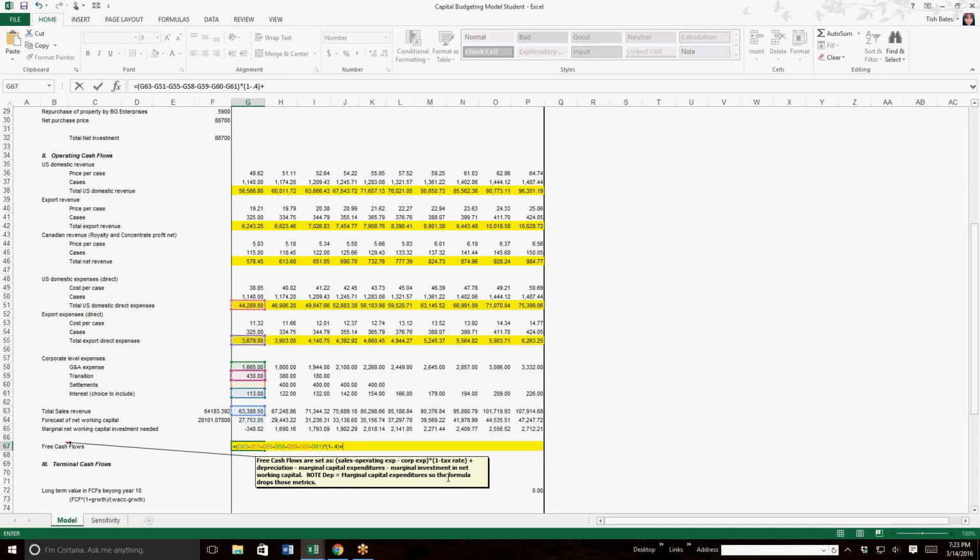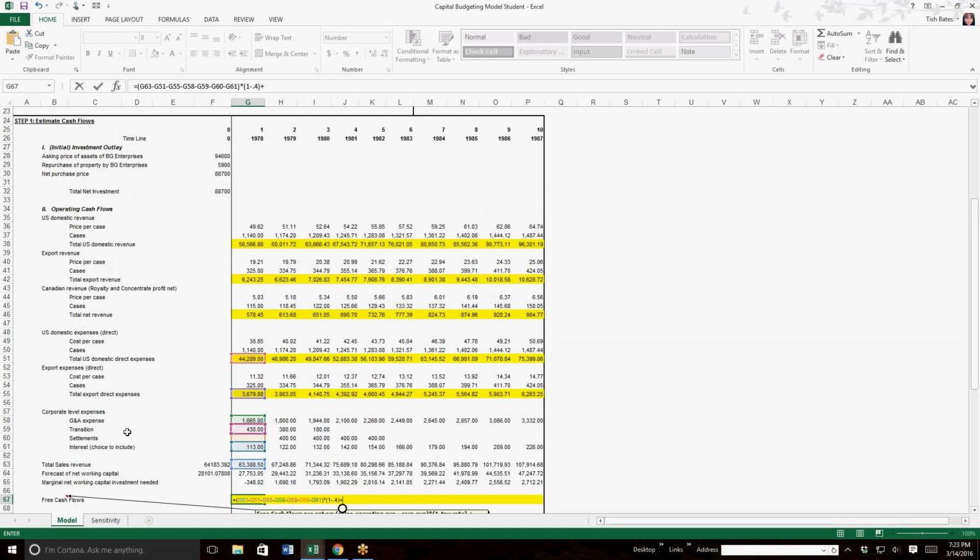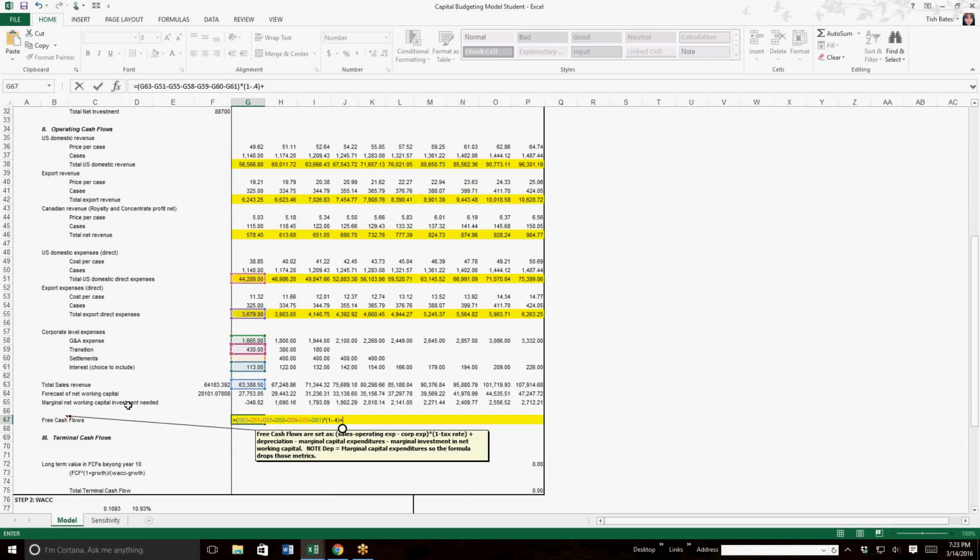So the depreciation is actually this, where's that marginal capital expenditures? I think it's this, minus working capital, yeah, forecast.